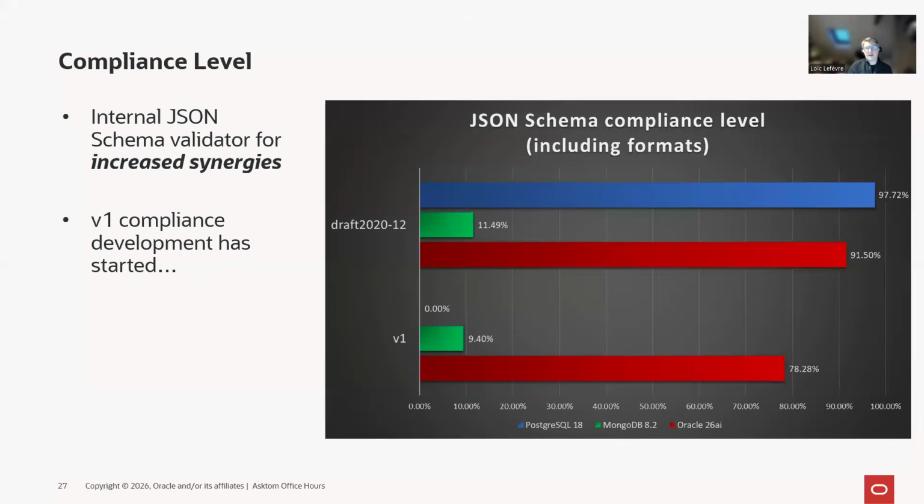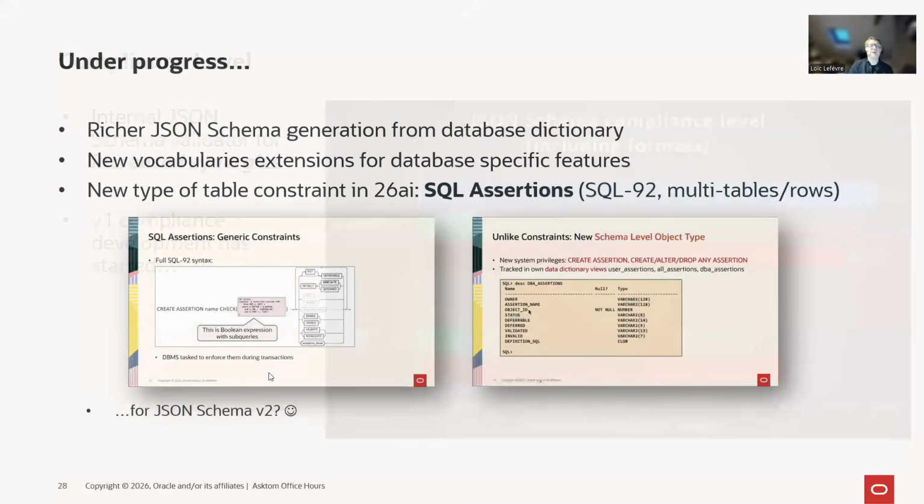The other things that will be coming are things like richer JSON schema generation from the database dictionary. We have seen things like vocabulary extensions for JSON schema, very appealing for databases, but we may provide some new specific features in the future. And there are other things that we have integrated within 26ai that may be worth thinking about with the JSON schema committee here: the SQL assertion.